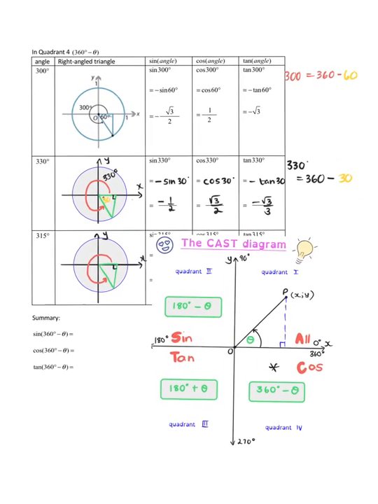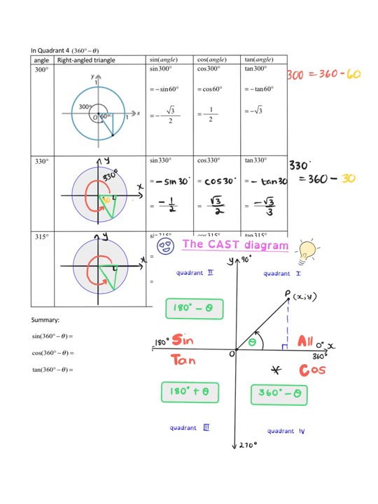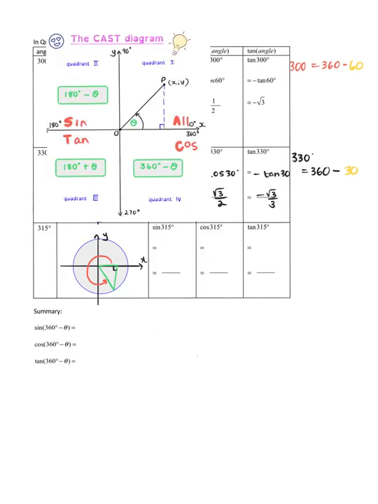Hey, okay, let's just look at that last one, 315. So let's just fill in the last diagram. Okay, so now we're working with 315 degrees. We know we are in quadrant 4 because 315 degrees lies between 270 and 360. This is the 360 minus theta quadrant.